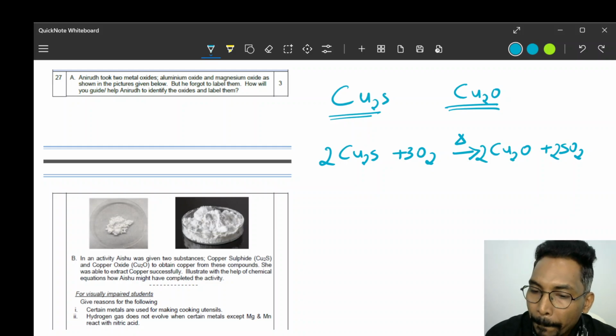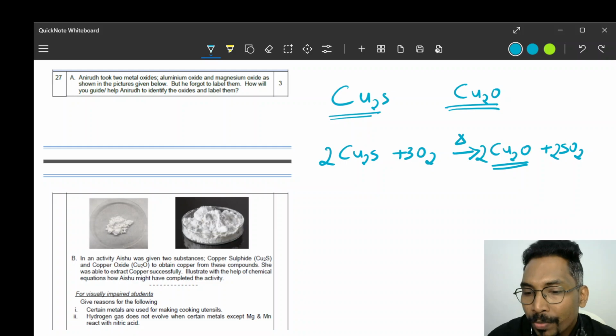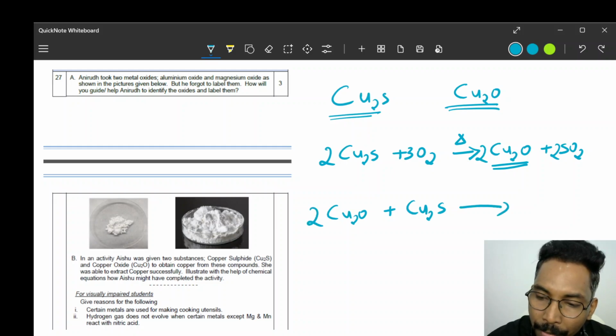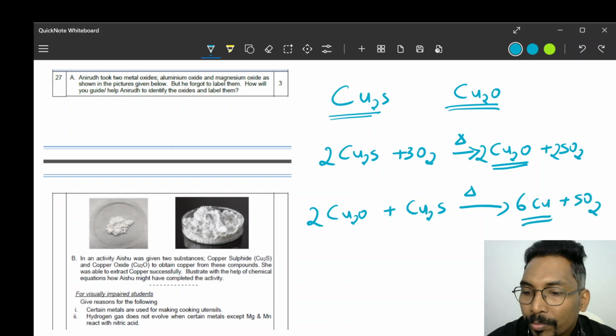And the second equation: this Cu2O will react with one more molecule of Cu2S. So you can write Cu2O plus Cu2S, again heating, gives Cu plus SO2.